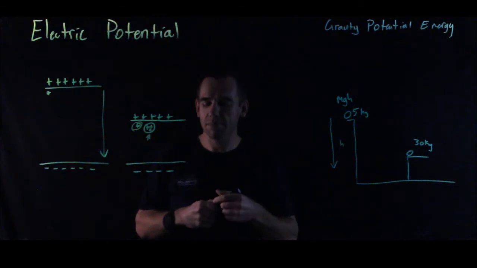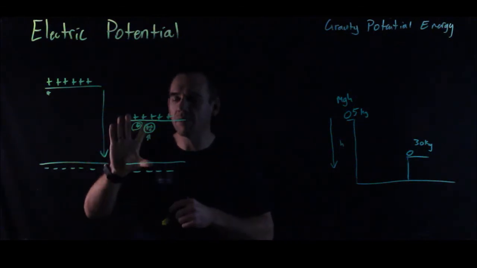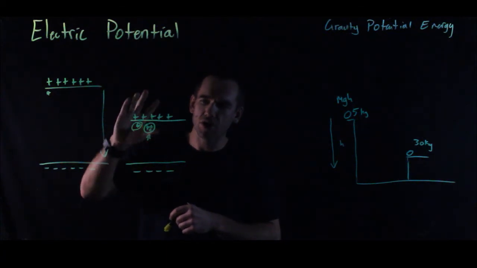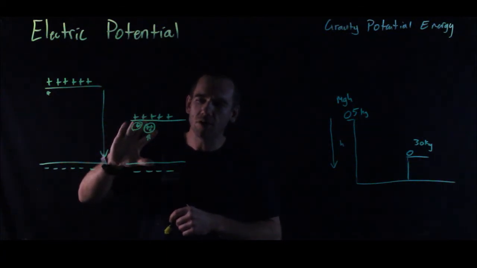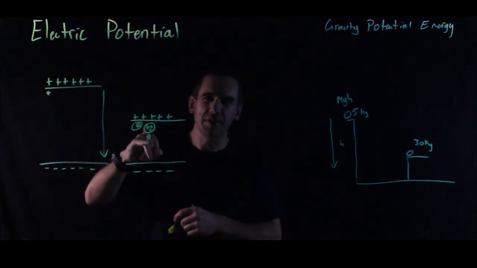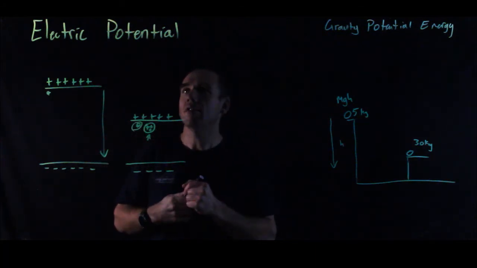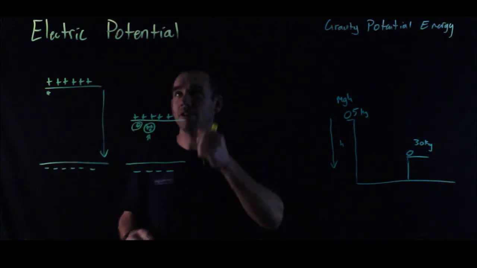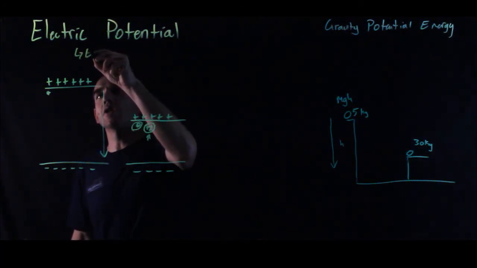So potential versus potential energy. If we wanted to know the potential energy of this, we would need to know the field strength and the charge. If we want to know just the potential, we just need to know the field strength, really. And so electric potential is the energy per unit charge.